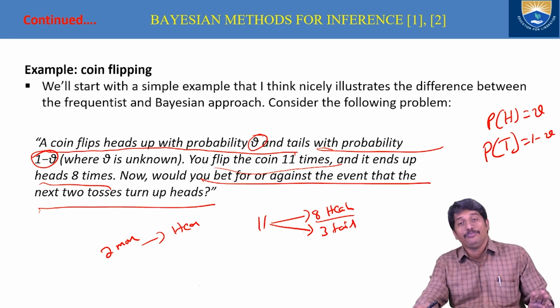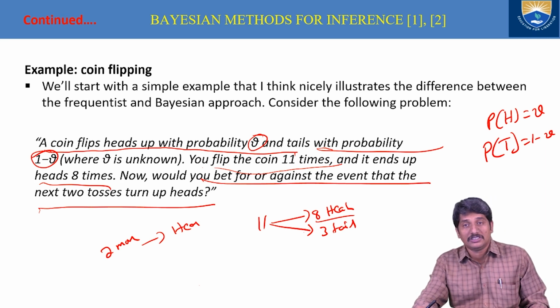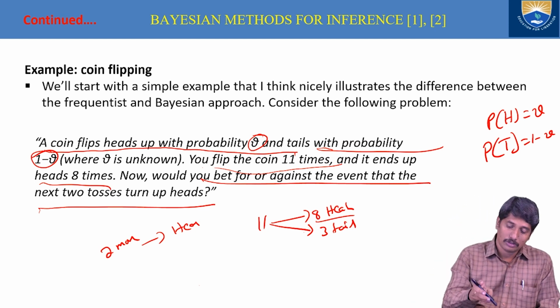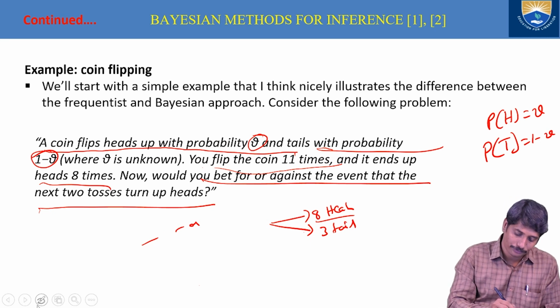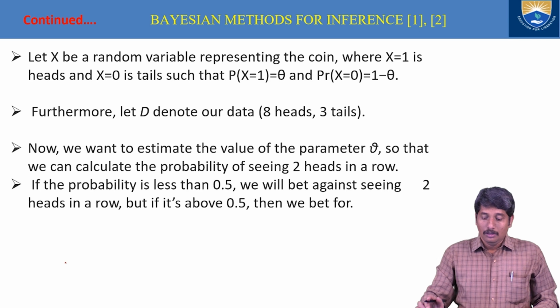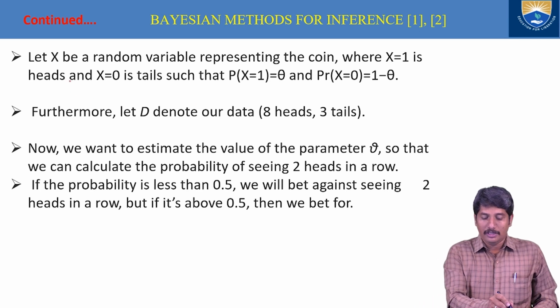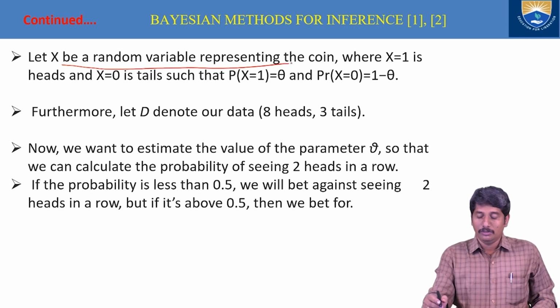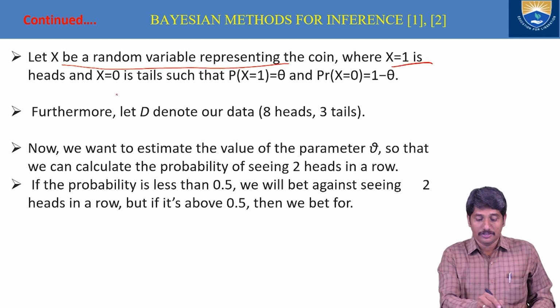Now, how are we going to apply frequentist techniques of estimation or expectation and Bayesian methods of prediction? Let's see. We treat the outcome as a random variable: 1 means head and 0 means tails.